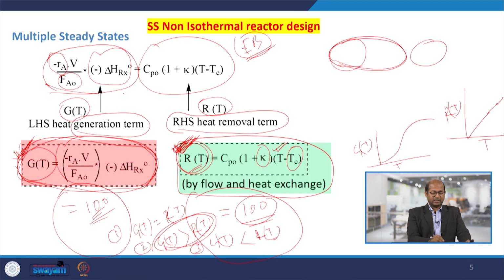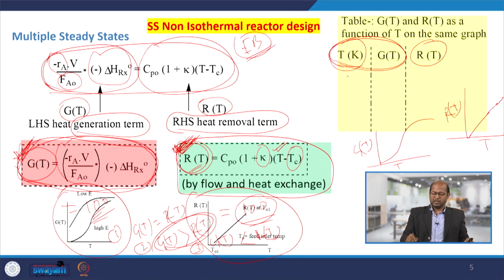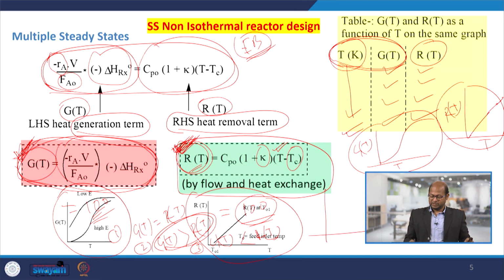We divided the energy balance into two components, heat generation and heat removal, and if we vary the individual temperatures, then the G(T) value will also vary. The heat removal line and the heat generation line, both simultaneously, G(T) and R(T), if we plot in the same graph, it would be like this: the R(T) curve is this, and this is the G(T) curve.